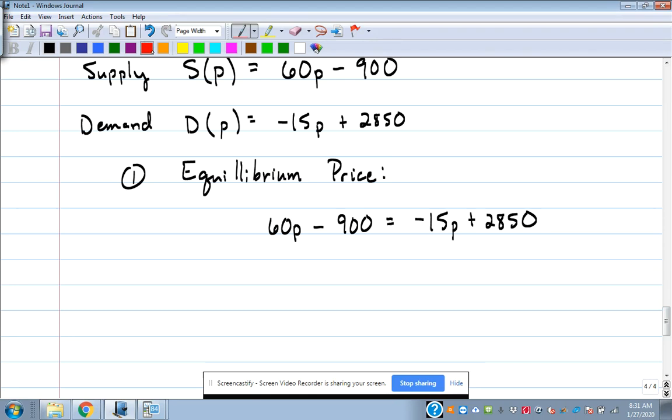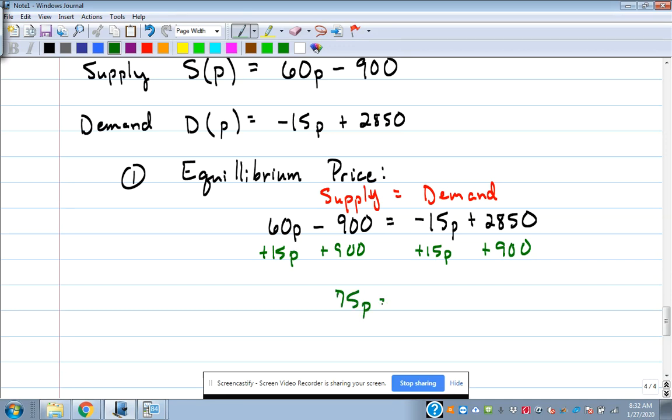So we set the supply equal to the demand. Supply equals demand. That's what we're doing to get the equilibrium price, and we're solving that equation. Real easy math here. 75p equals 3750.